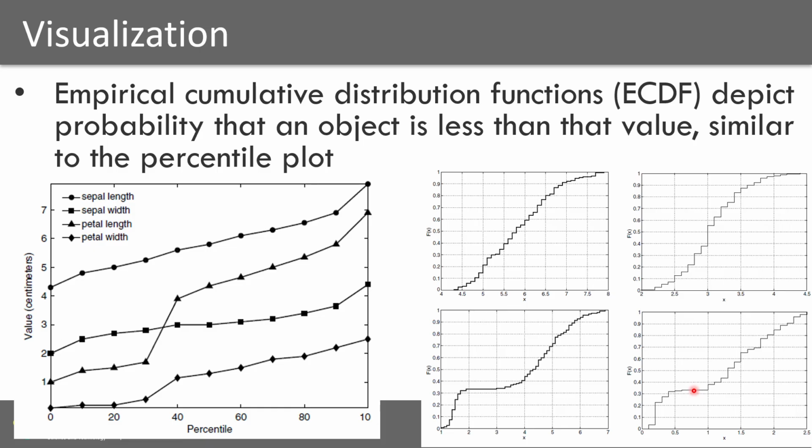This gives us a clear indication that a certain separability is possible, because this part of the steep curve is coming from the setosa subtype, and then there is no value in between, and then again the other two subtypes have an increase in this probability based on the fact that there are data points of these attributes in this region, while there are none in this region or this region.